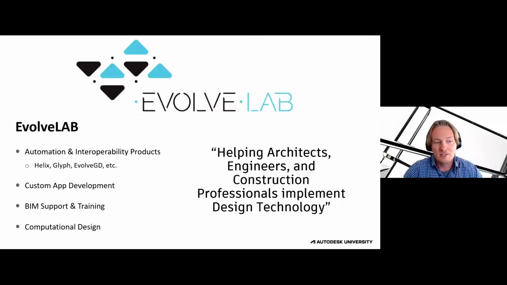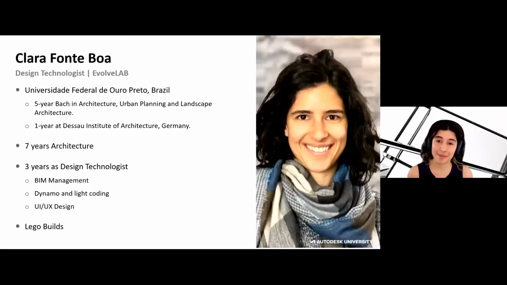We specialize in automation and interoperability products, such as some of our products which are currently in development: Helix, Glyph, and Evolve GD. We do a lot of custom app development, as well as BIM support and training, and computational design as well. So my name is Clara Fontiboa.